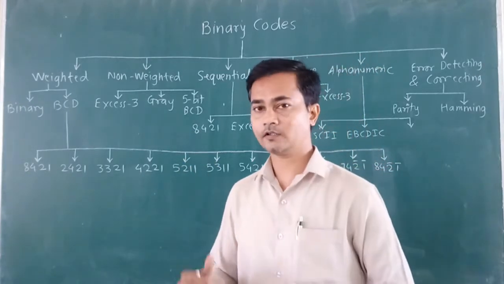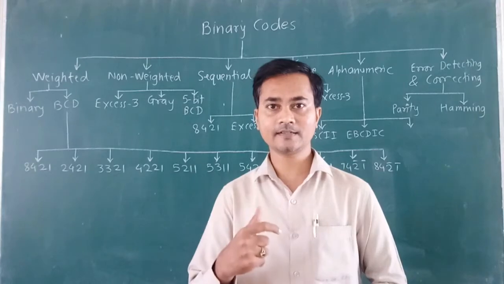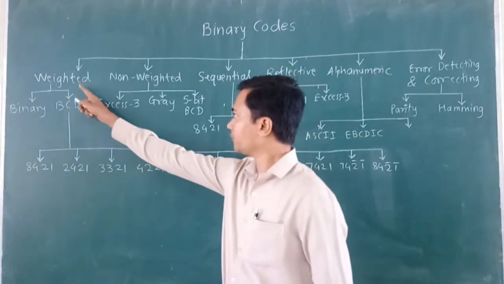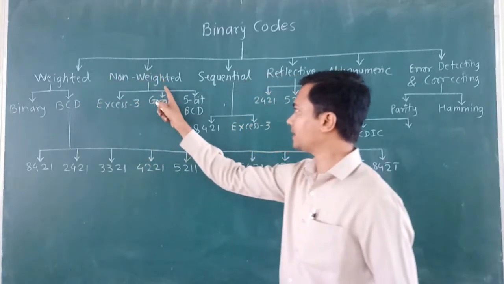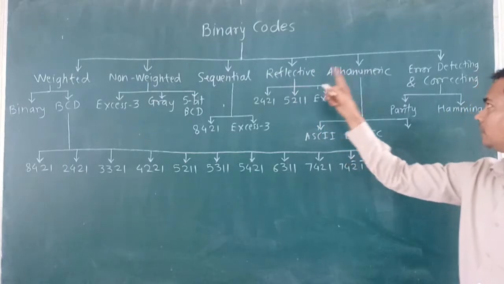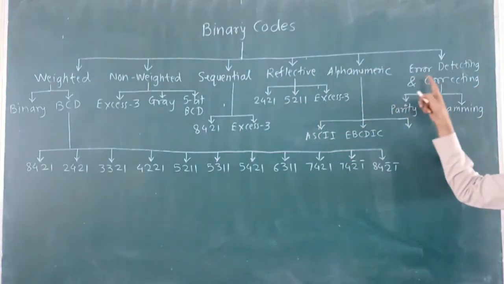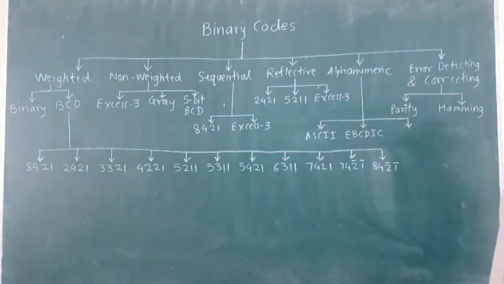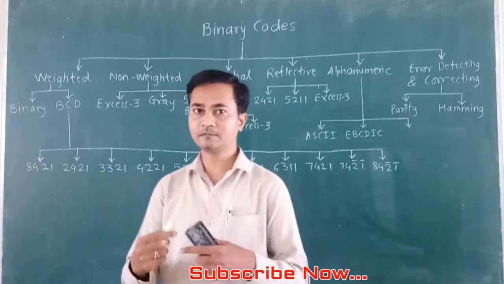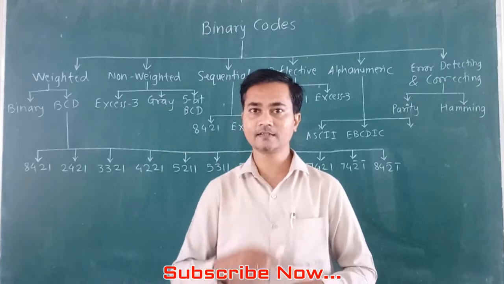Total six binary code types are available. Those are weighted binary code, non-weighted binary code, sequential binary code, reflective binary code, alphanumeric code, and error detecting and correcting codes. Now we will see that there are some subtypes in all these six main types.